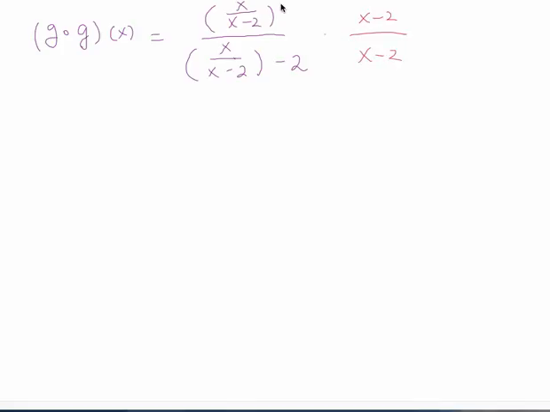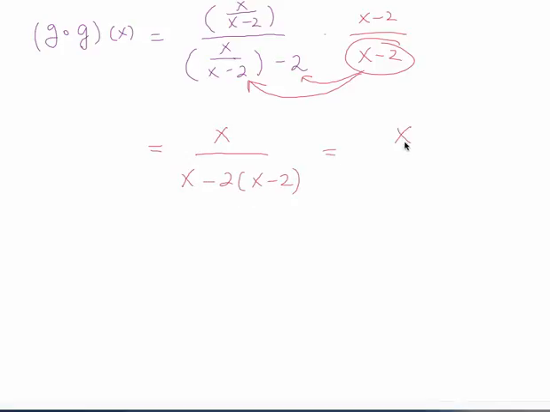Right? So the top part, x over x minus 2 times x minus 2, is just x. And here, because of the minus 2, you have to distribute this x minus 2 to the first term and the second term. So here I get x minus 2 times x minus 2, and you get x over negative x plus 4.